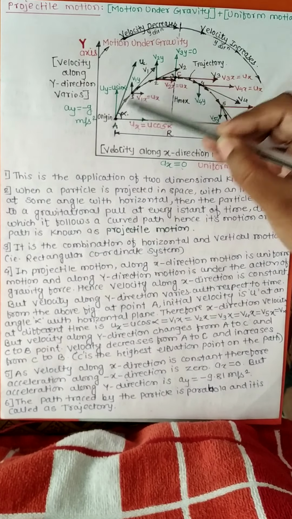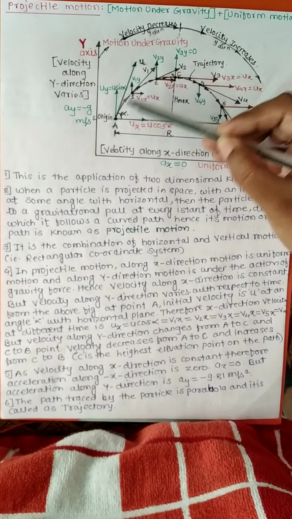For this case, you can see that A is the point where we have defined the particle at the initial place. Therefore, this point A is the origin, and B is the point where the particle is going to land. This is the end point, the point of landing of the projectile.